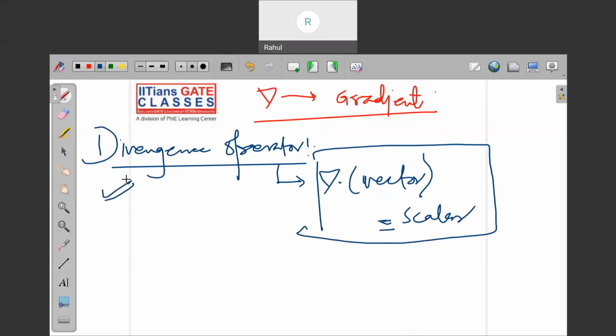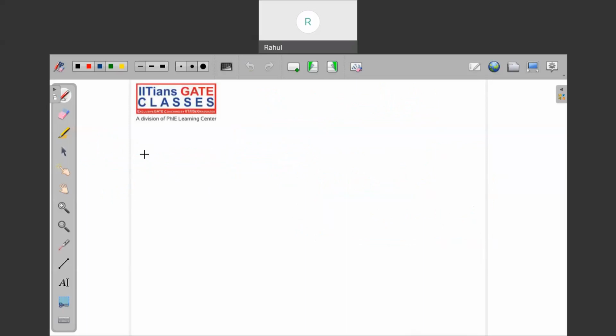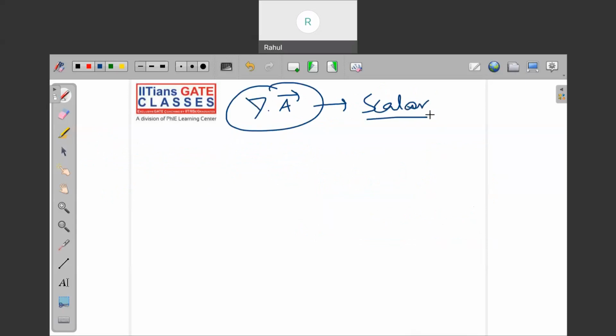The divergence operator, when it operates on a vector A, gives you a scalar quantity. How is divergence defined? The divergence of A is defined like the net outward flux, that is A dot ds.